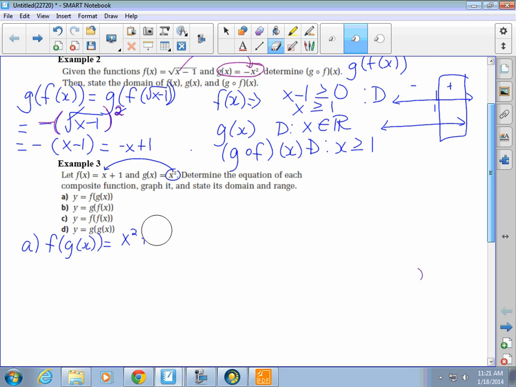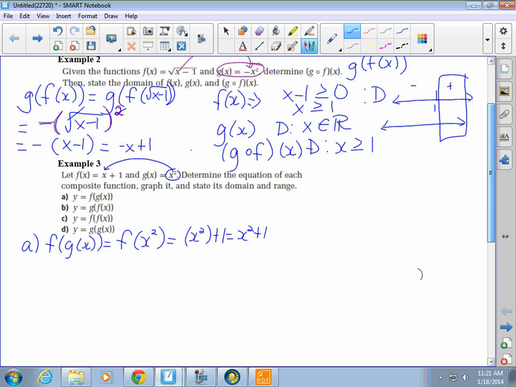Actually, I'm going to put in an extra little step here. What I'm substituting in is f of, because g(x) is equal to x squared, so that's where that x squared comes in. So this is x squared plus 1.